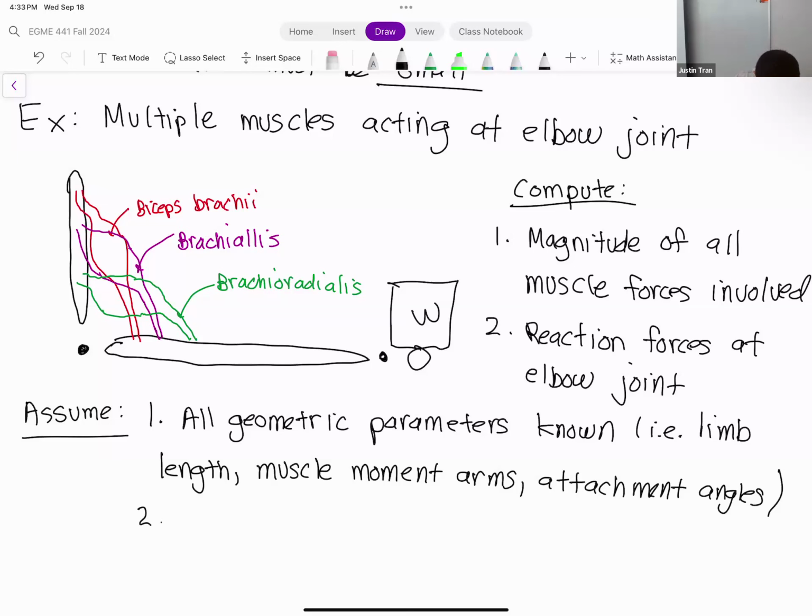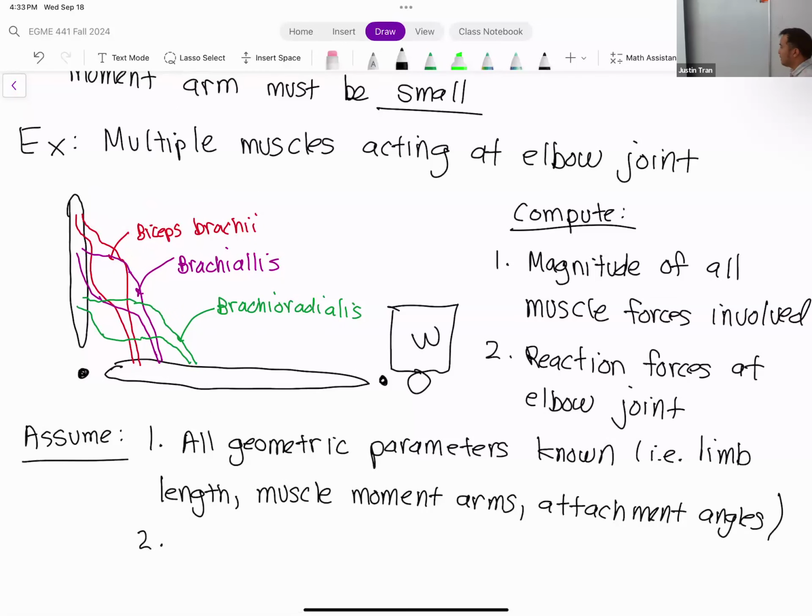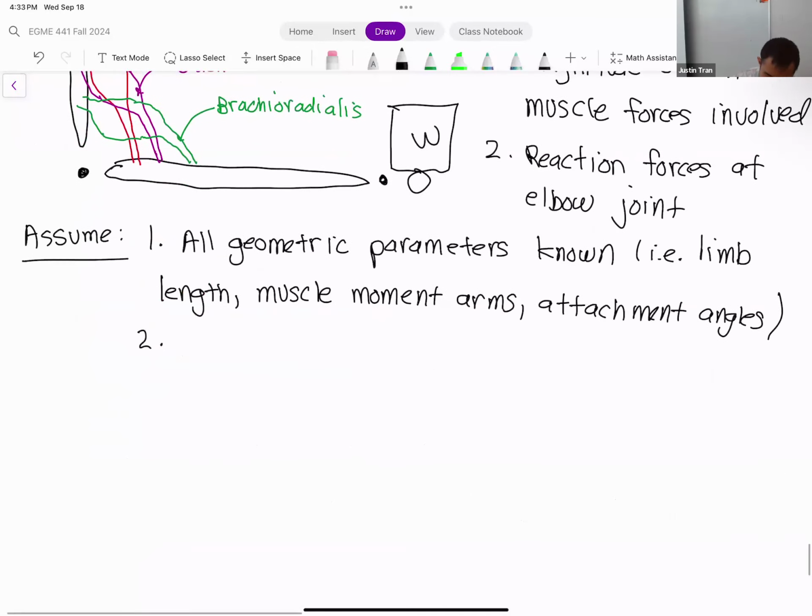Another thing that we're going to assume we know, and this information is relatively new, is the cross-sectional areas of all the muscles involved as well.